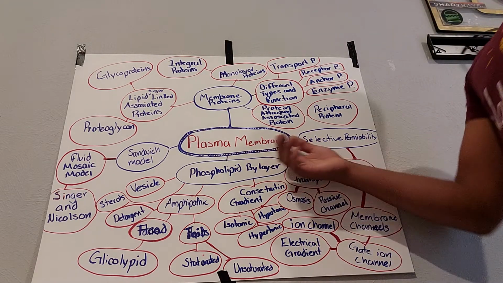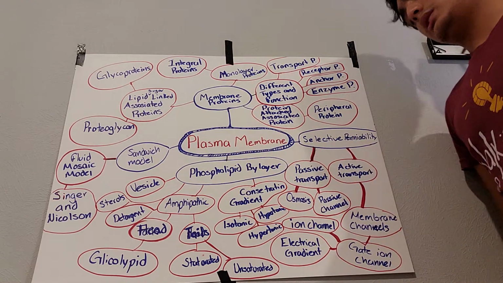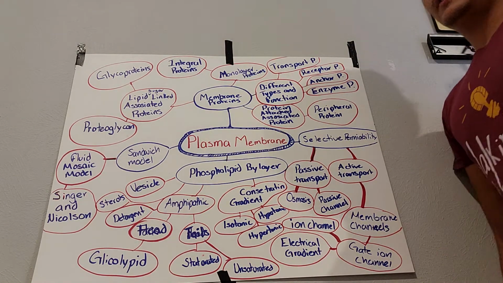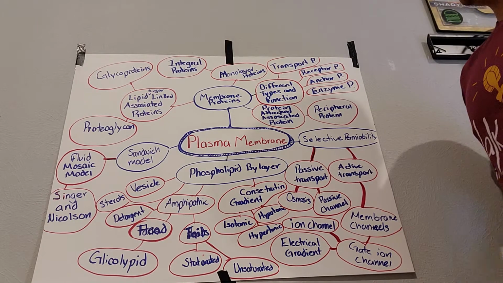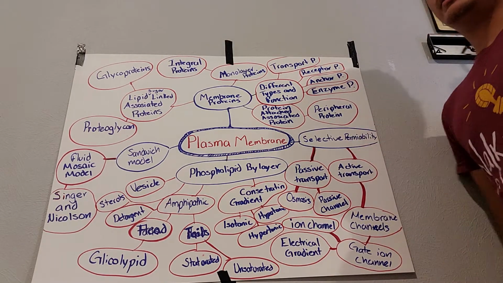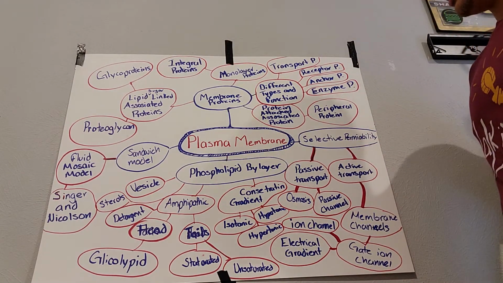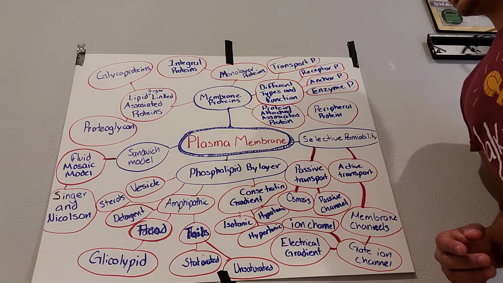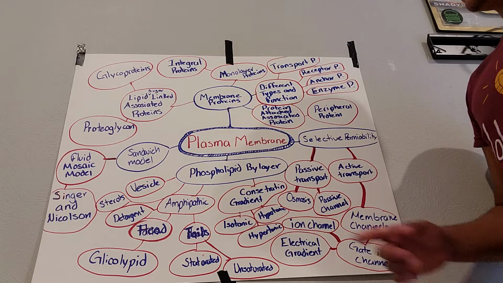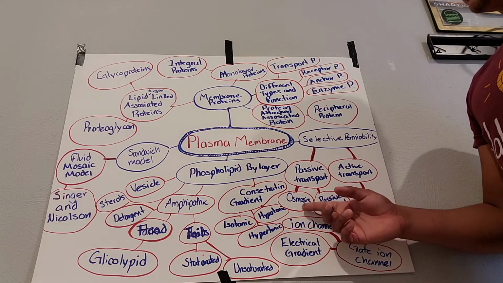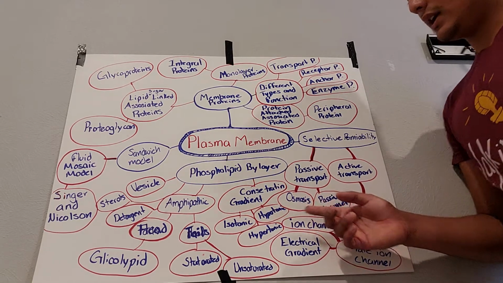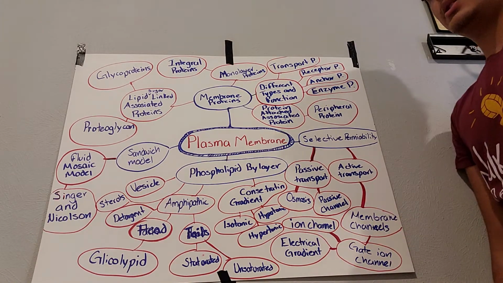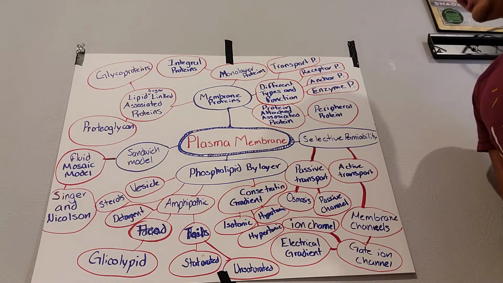Now going to selective permeability, which is the main function of the plasma membrane. It lets some stuff in and some stuff it does not let in. So you have two types of transport: passive transport, which does not require any energy, and this can be osmosis, which is the movement of water, and passive channels, which are channels that are a certain size or shape to only let certain particles in.